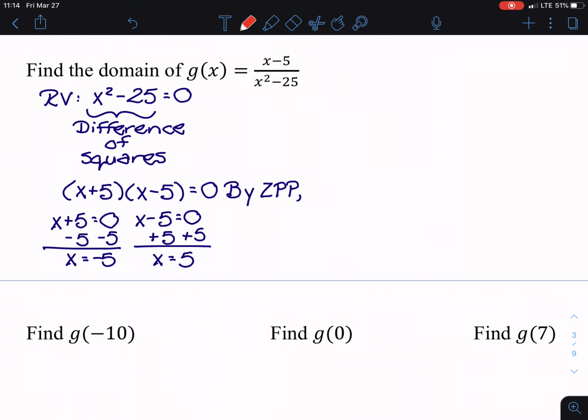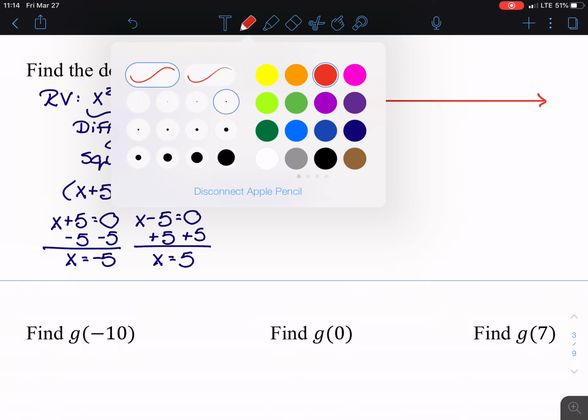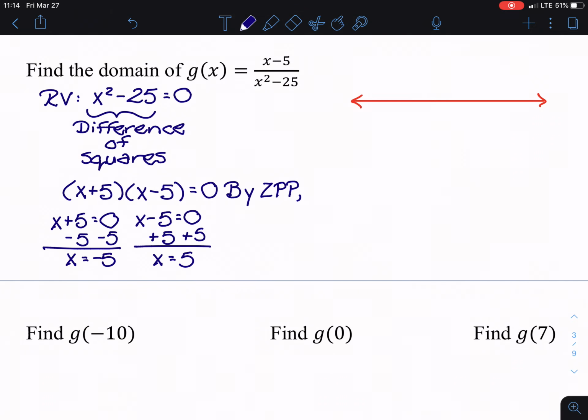Now then, if I take a look visually at this as a number line here, the entire number line is part of my domain except for 2 points. Except where I've got x equals negative 5, and again, where x equals 5.